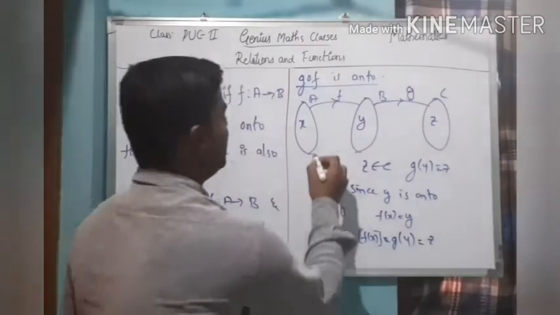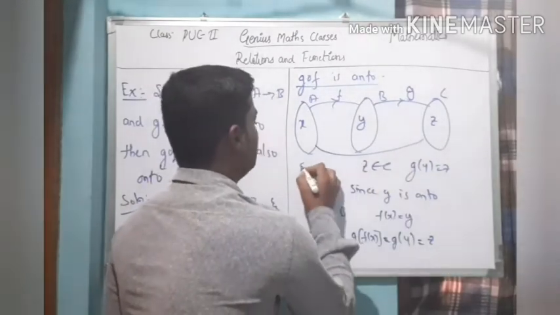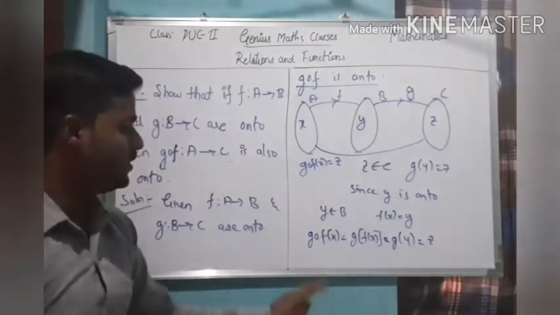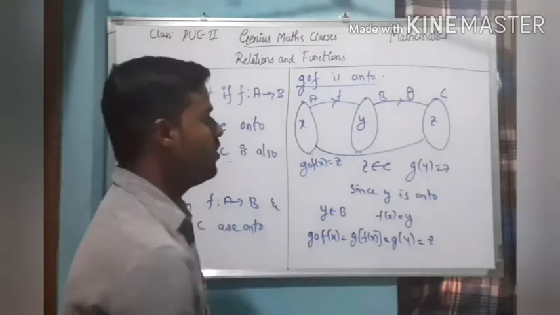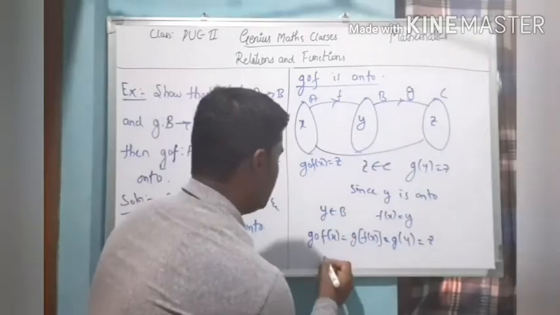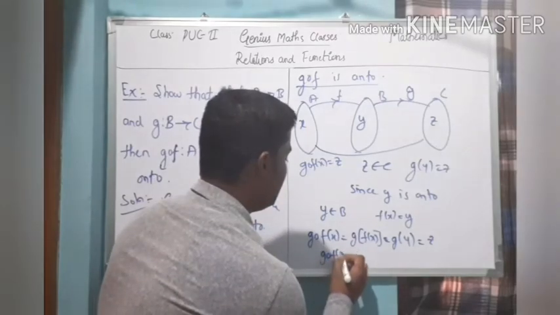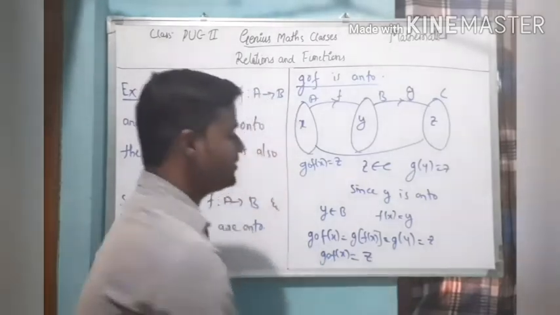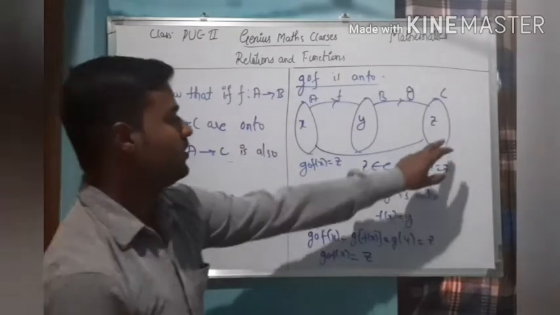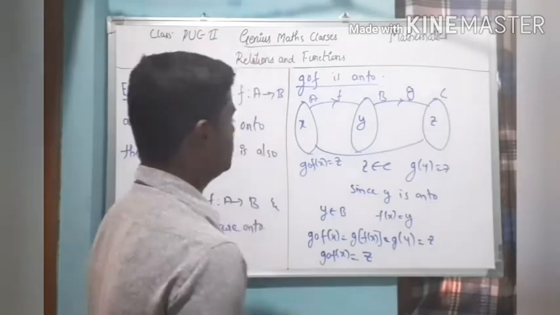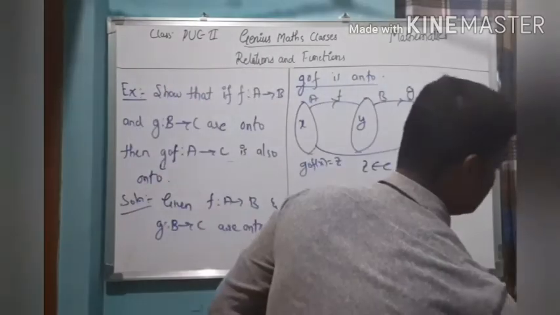So overall we constructed that g naught f of x equals z. Overall we consider that this is an onto function. Why? Because g naught f of x has an image, z. Its image is z. Therefore, this is an onto function.